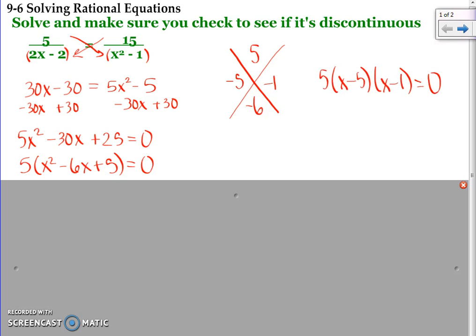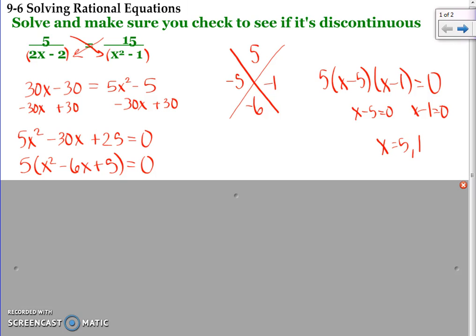So what are the actual two number answers right here? Positive 5 and positive 1, because we set them equal to 0 and solve. Okay, so we've got 5 and 1. Now, up here in green it says to check to make sure it's not discontinuous. Now, discontinuous happens when we have an impossible fraction.